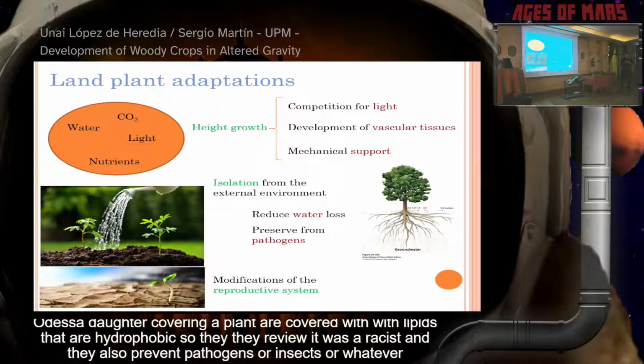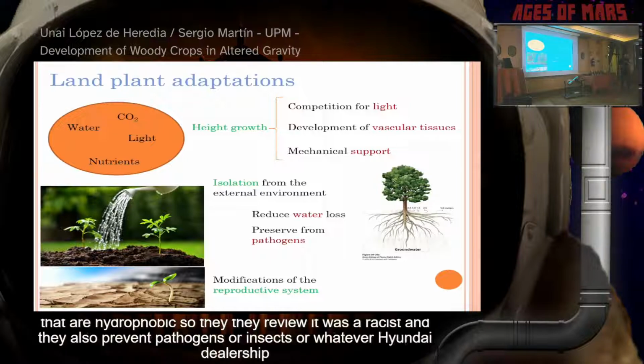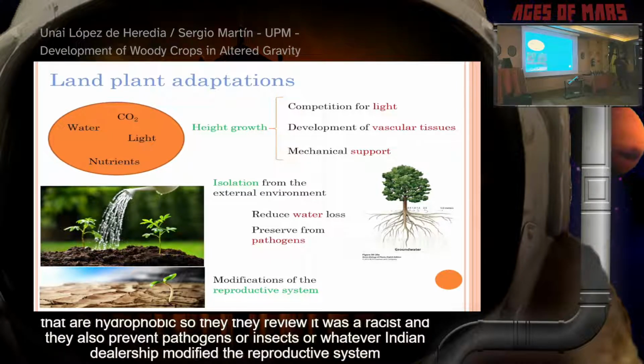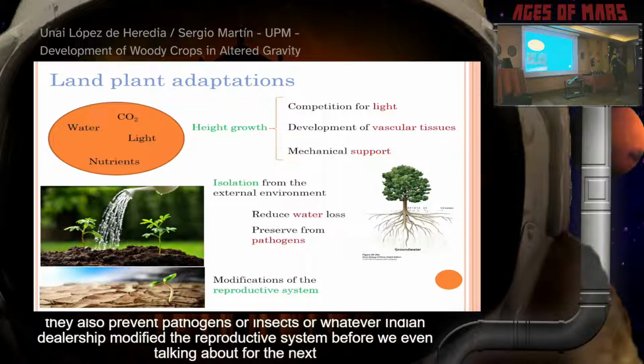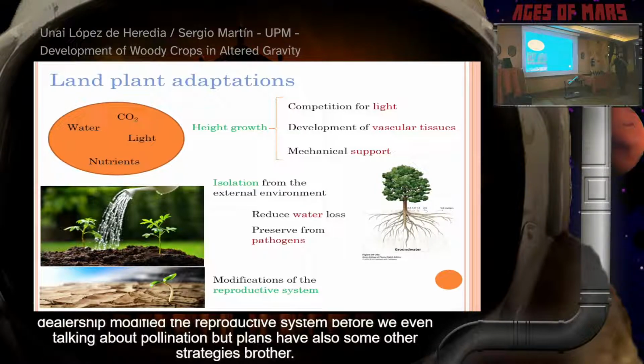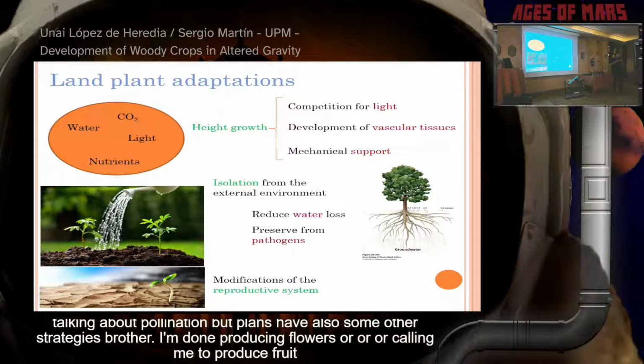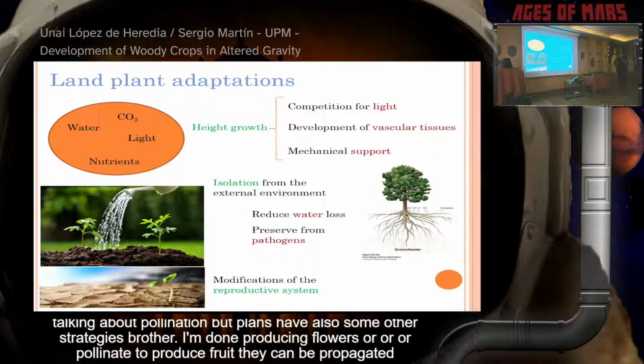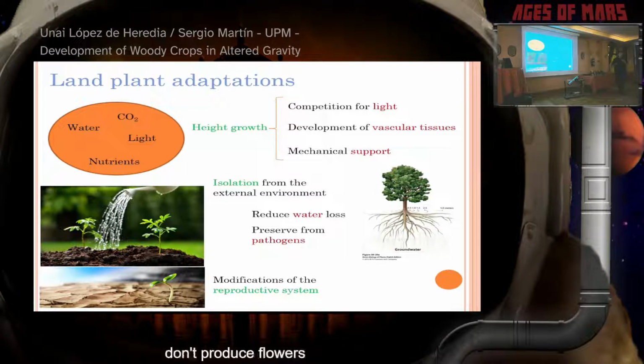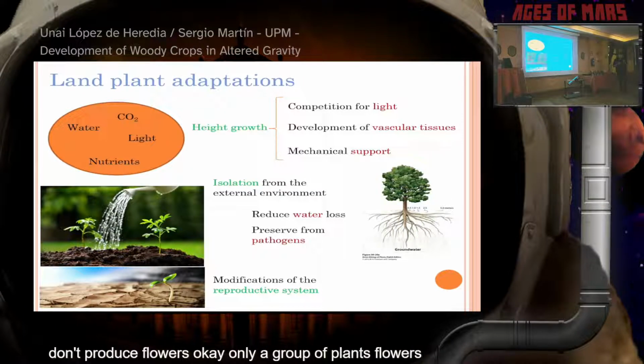And then they also modified the reproductive system. Before we've been talking about pollination, but plants have also some other strategies rather than producing flowers or pollinating to produce fruits. They can be propagated vegetatively, without the need of pollination, without flowers. In fact, some of the plants don't produce flowers. Only a group of plants are flower producers and fruit producers.